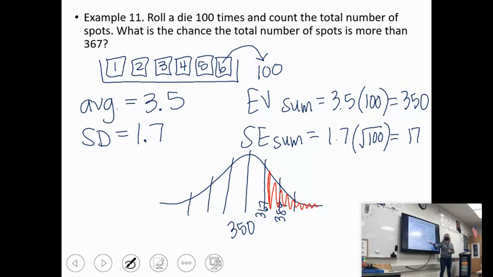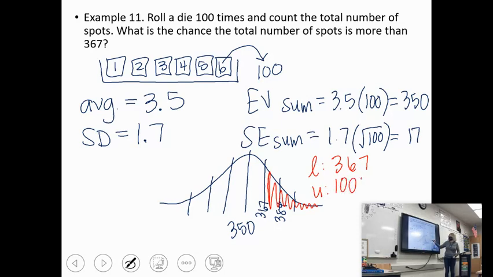So you either remember that percentage on the normal curve, or if you don't, that's fine. It's menu 652. You guys remember? So get out your calculators, go menu 652, and what's the lower bound of the curve we're trying to find? 367. What's the upper bound of the curve? 10,000.